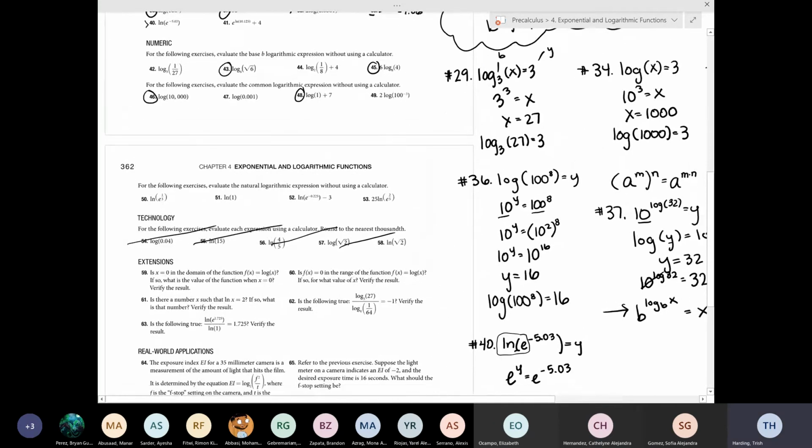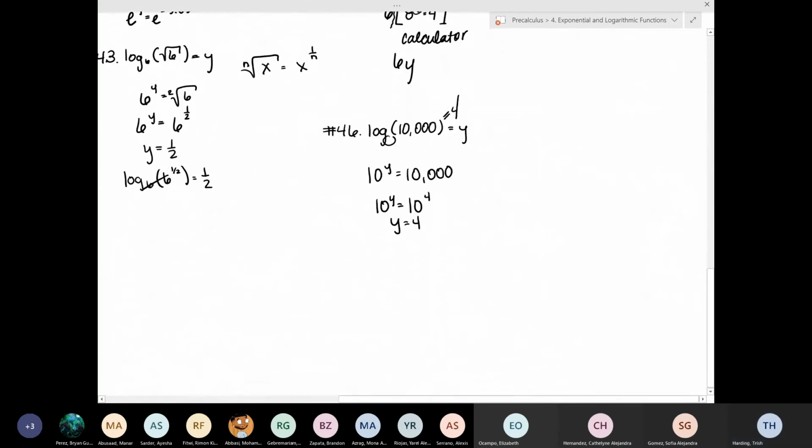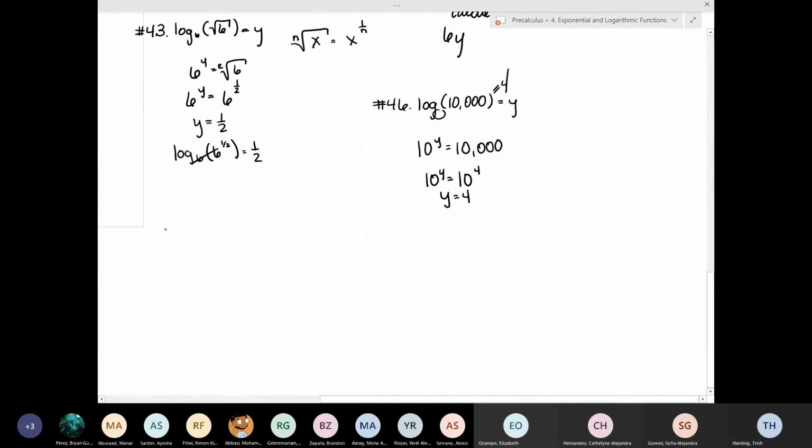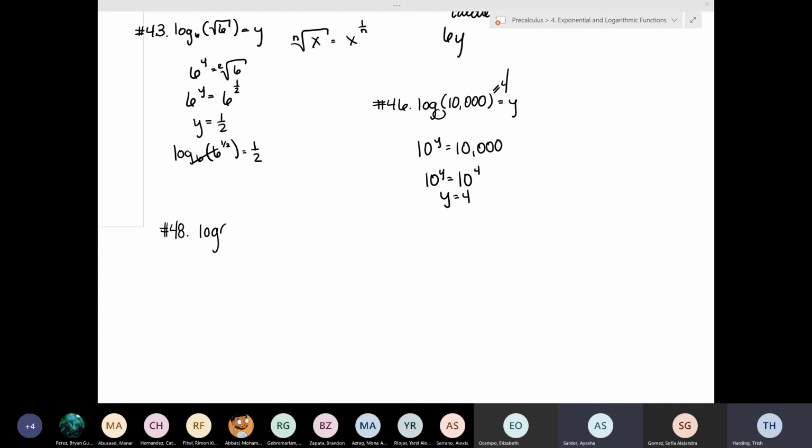Now 48, log 1 plus 7. All right, sorry about that. My computer just, I don't know, the screen just disappeared.